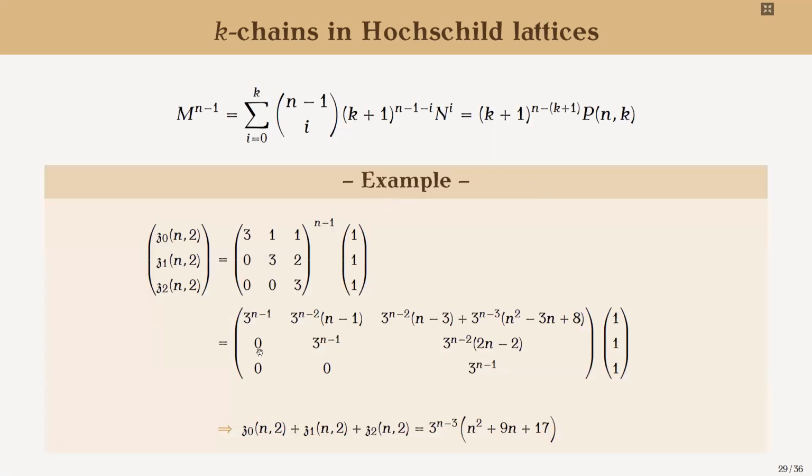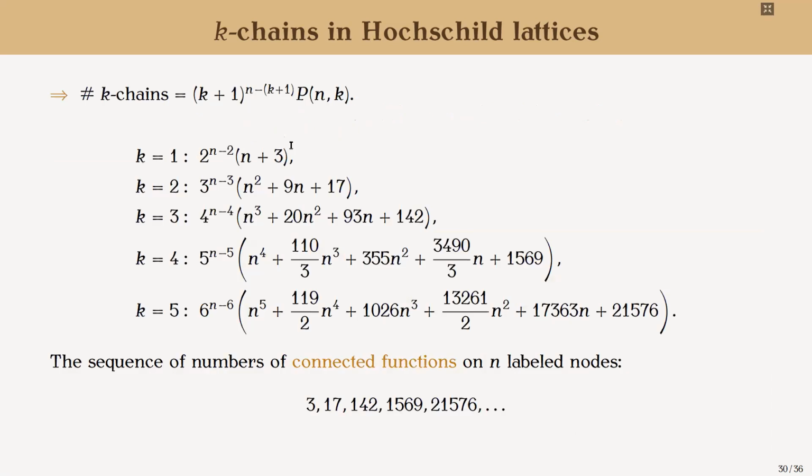So if I give an example of that, for instance, for the number of intervals, meaning for the 2-chain, we obtain, after computation of this matrix, that the sum of the little z gives this formula. And here is a polynomial that we want to describe.